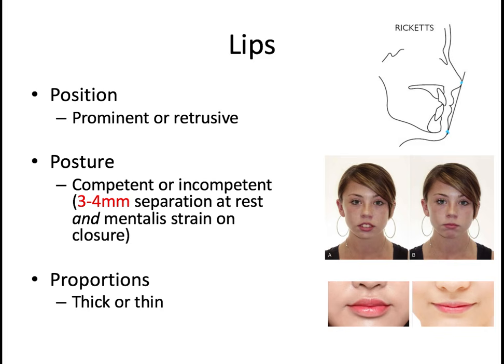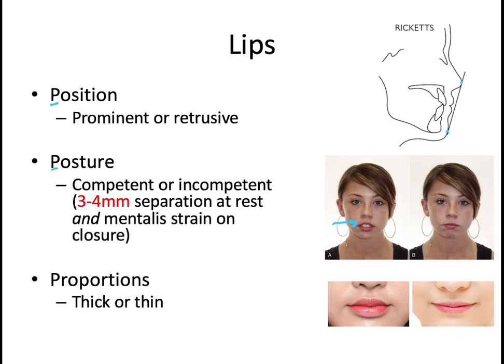So for lip posture, our second P, we're looking for lip competence at rest. So if we have 3 to 4 millimeters of separation at rest, which we see here, and mentalis strain on closure, this means that in order for them to get a lip seal, they would have to strain their mentalis muscle.